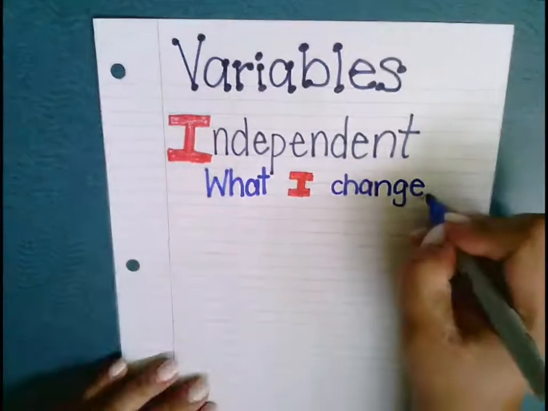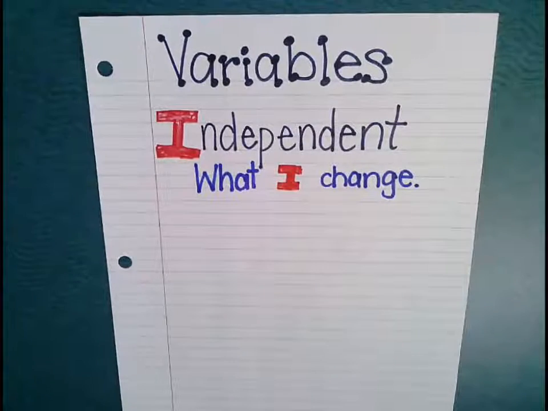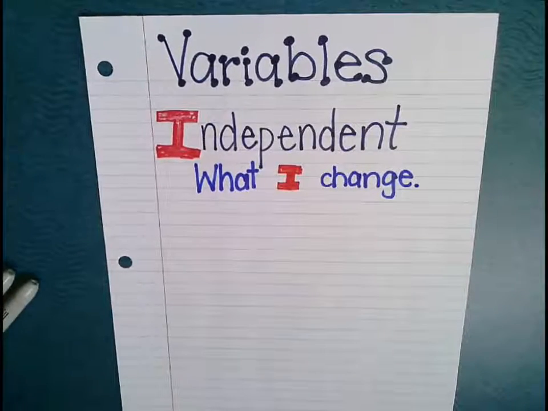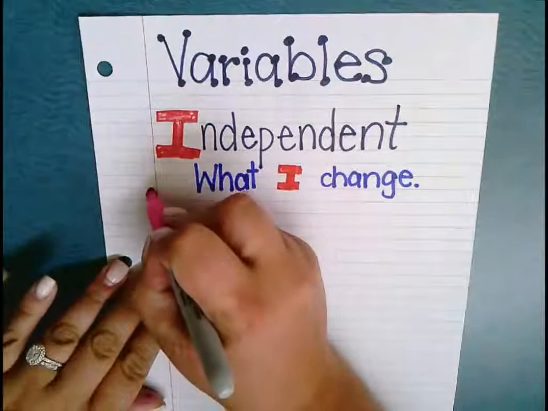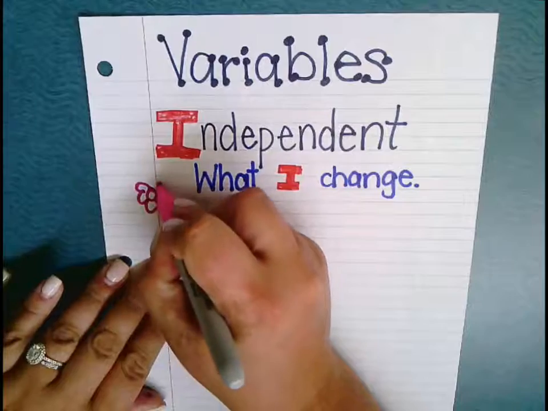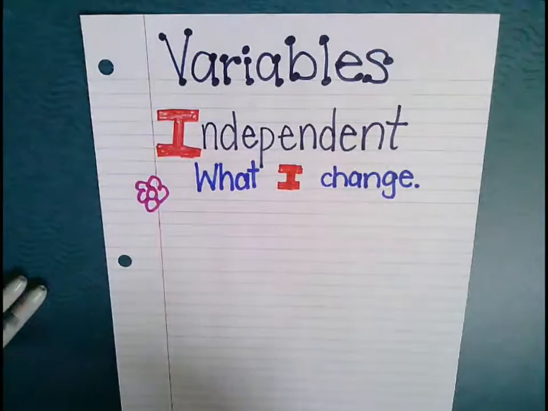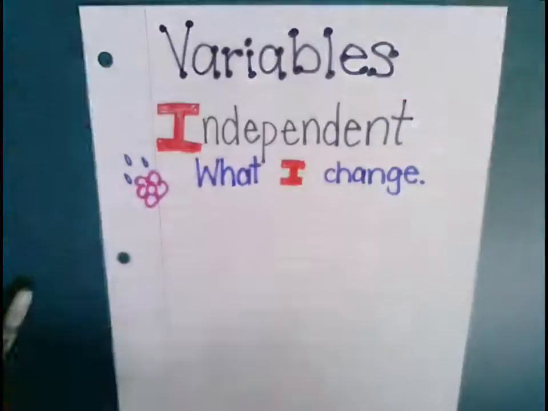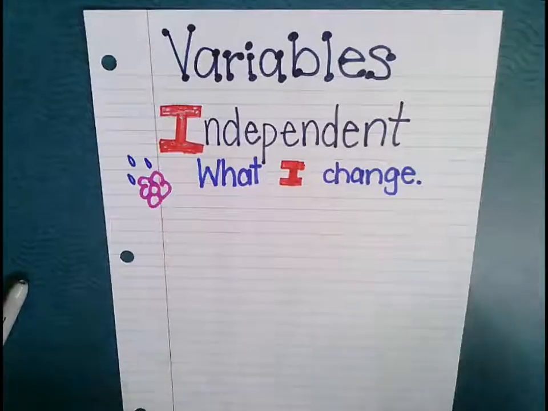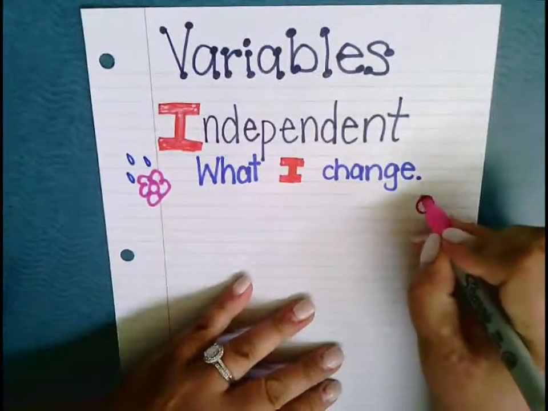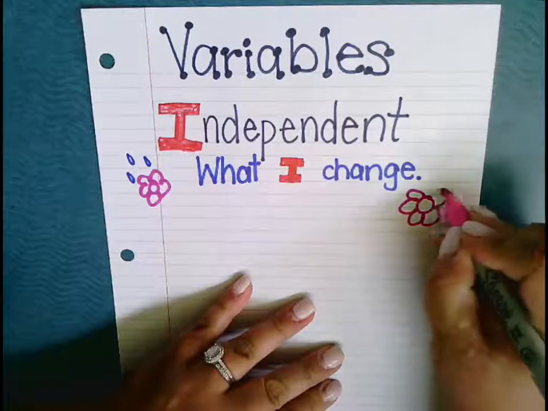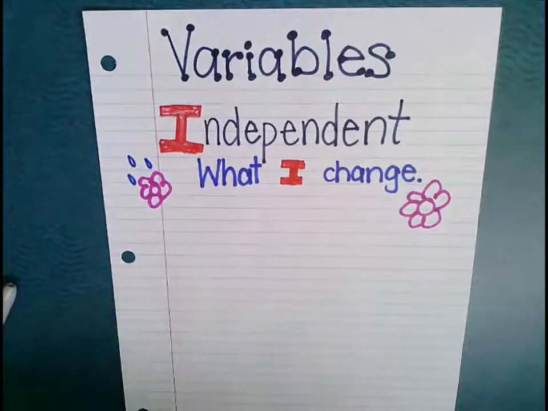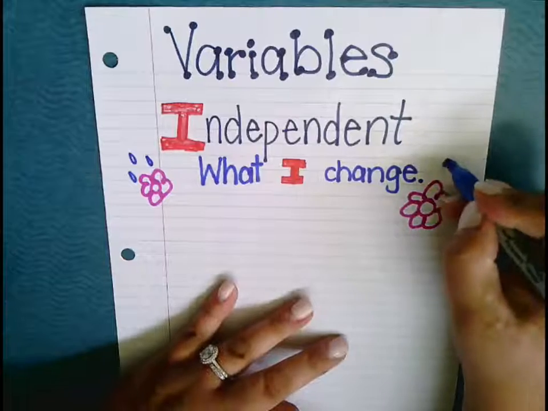So, earlier when we were doing our scientific method anchor chart, we talked about 2 different types of plants. We talked about one type of plant that got water, and we talked about one type of plant that did not get any water.